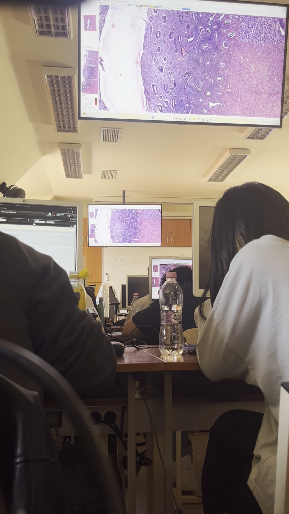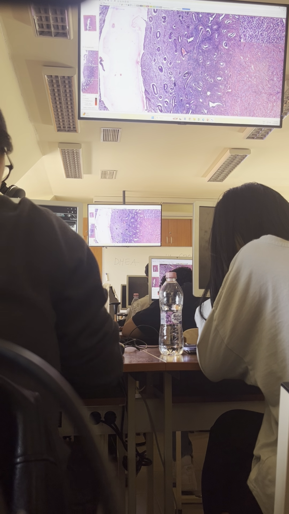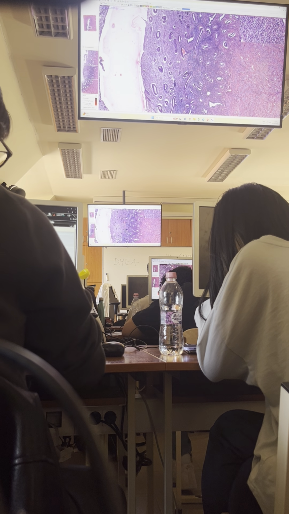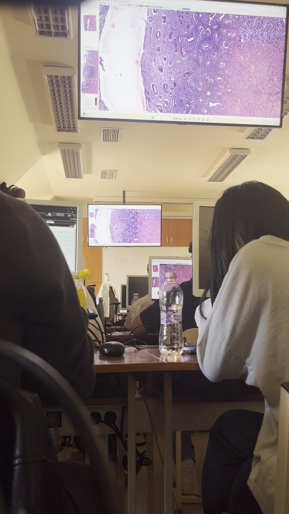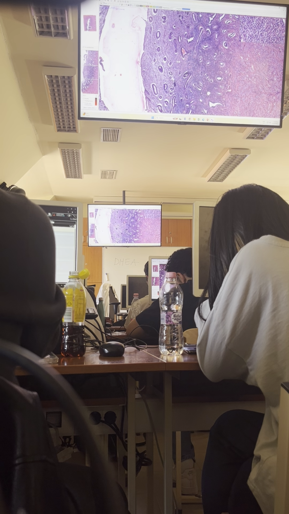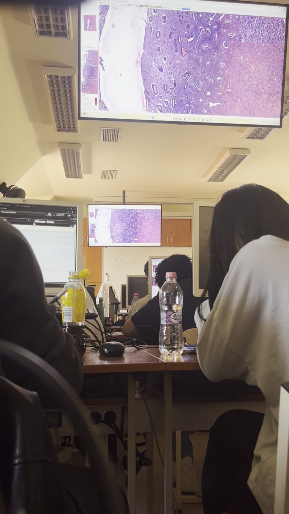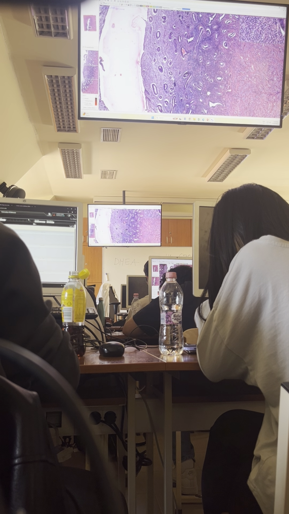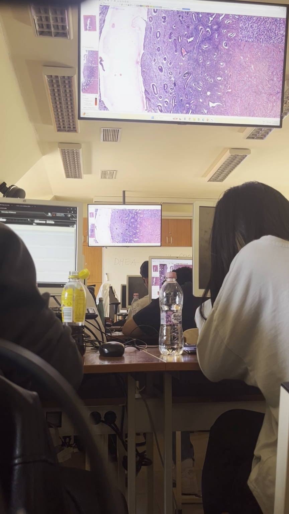Now, the fact that this functional layer sloughs off during menstruation is true for most of the wall of the uterus, but it is not characteristic for the cervix region because it is not hormone sensitive, and this degeneration and loss of the functional layer is related to the hormone sensitivity of certain cells here, but this is not the case in the cervical region.